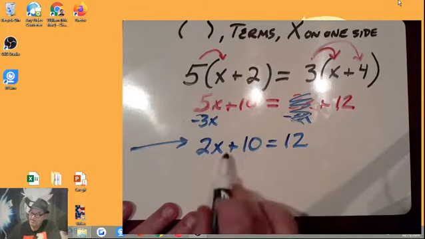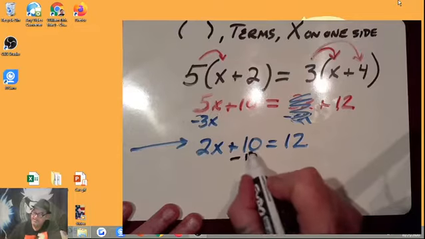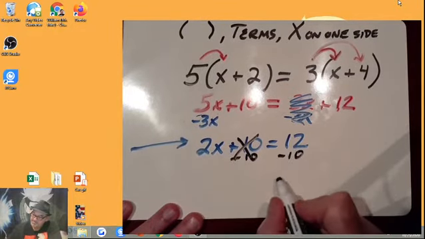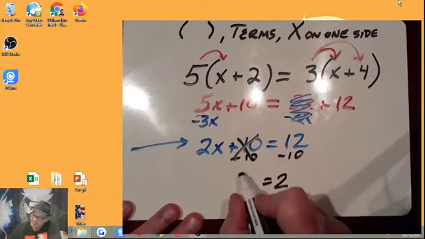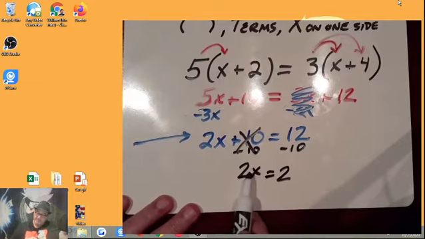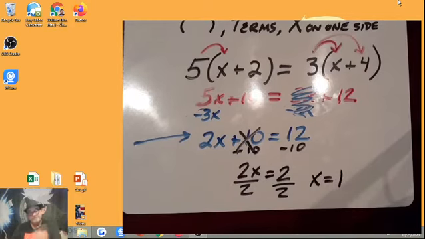What do we do? We get rid of the add/subtract part first, the plus 10. We subtract 10. Cancels, subtract 10 over here. 12 minus 10 is 2, and I bring down my 2x. 2x equals 2, so get rid of the times 2 part by dividing by 2 on both sides, and I'm left with x equals 1.